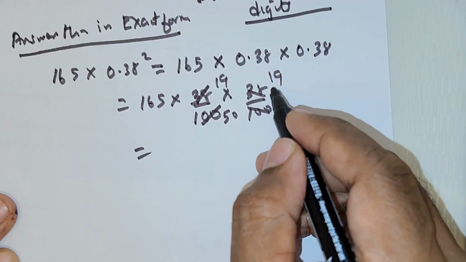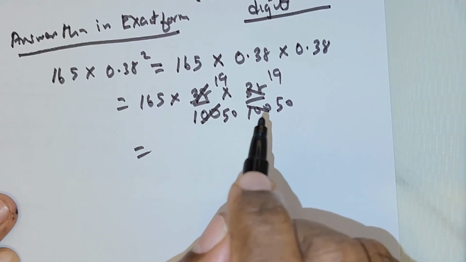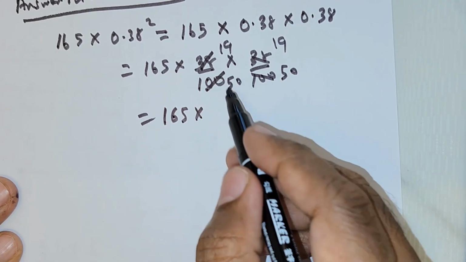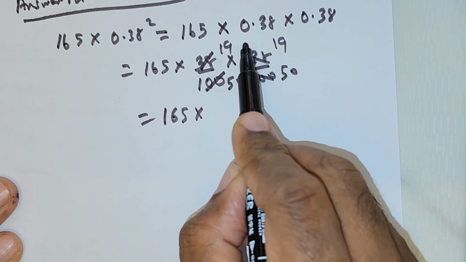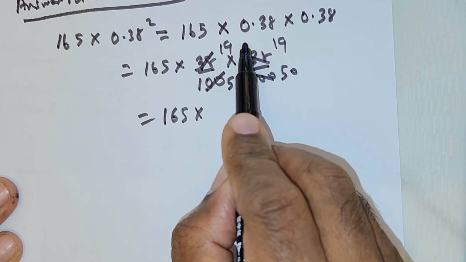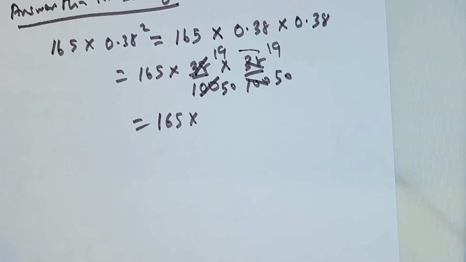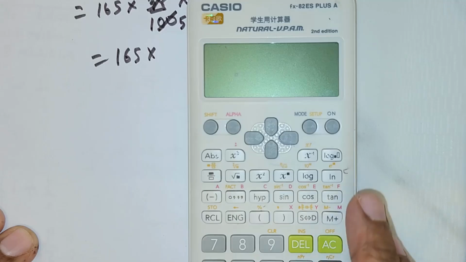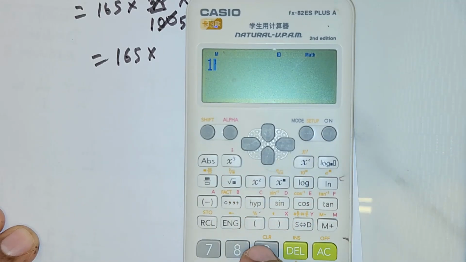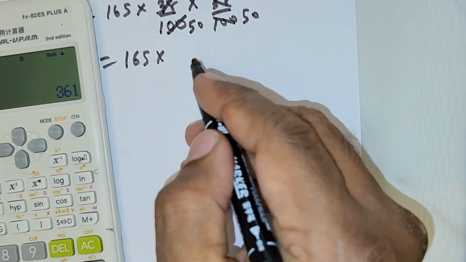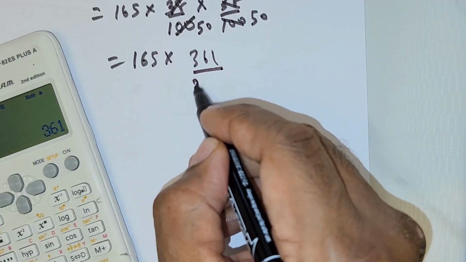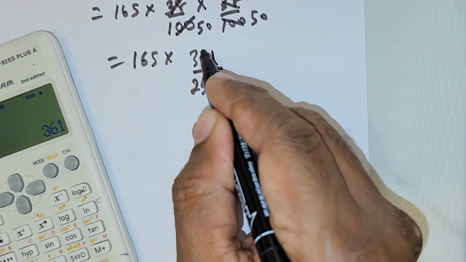Same I'm going to do, 19 over 50. So we have 165 times 19 over 50. Now you can actually multiply 19 with 19. If you are allowed to use a calculator, you can key in 19 times 19. You get 361. 50 times 50 is 2500.